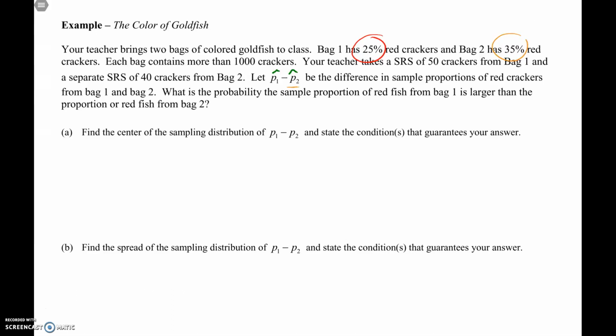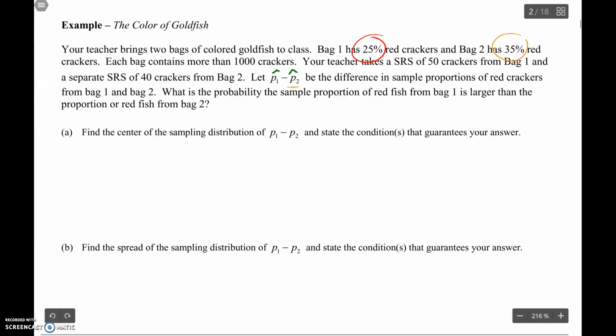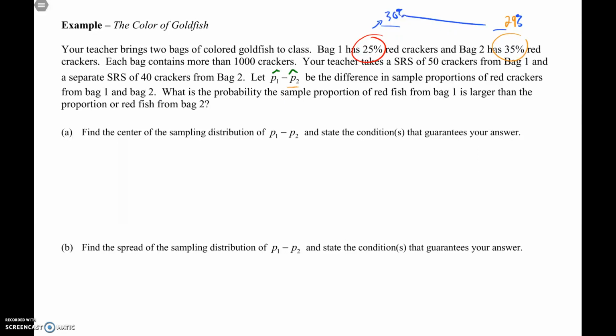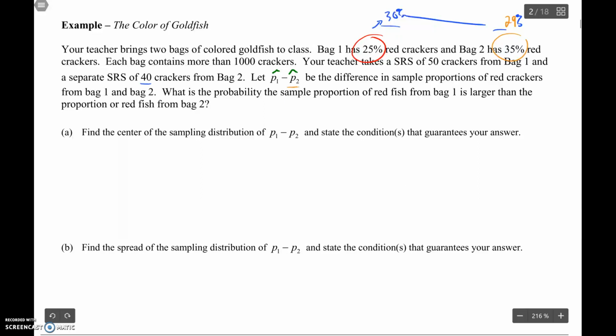It's possible that this sample proportion may be just a little bit light, maybe like 29%, and this one just happens to be a little bit big by random chance, so this would be 30%. So that would be a case where p hat 1 minus p hat 2 is actually a positive 1%, for instance. Okay, so the question is, whenever we take 2 random samples of size 50 and 40, how likely is that to happen?